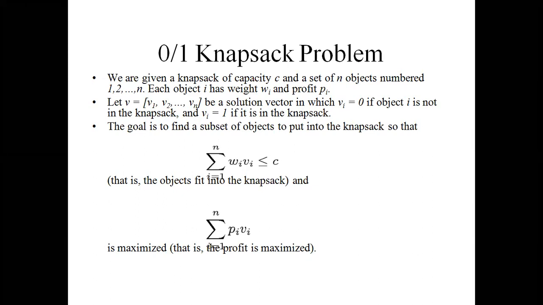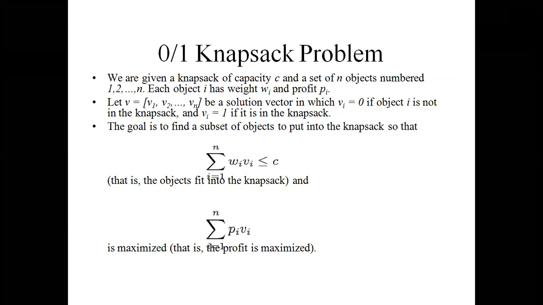That means we are saying 0 1. So like this, you can represent in a solution vector V1 to Vn. If the value is 1, then the object is placed. If the value is 0, then the object is not placed in the bag.